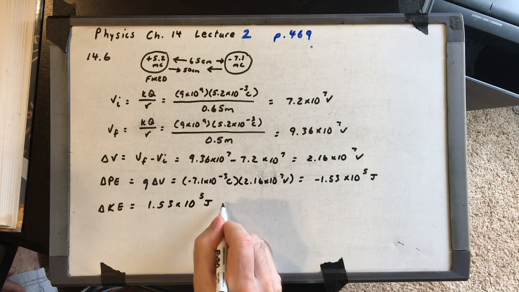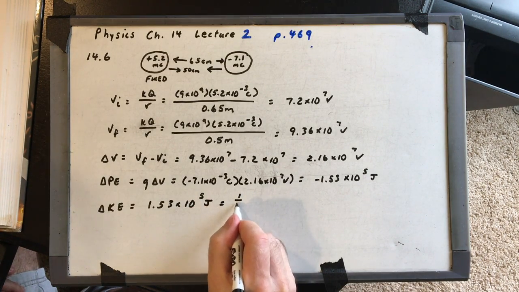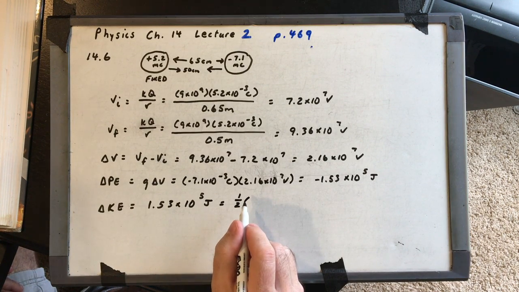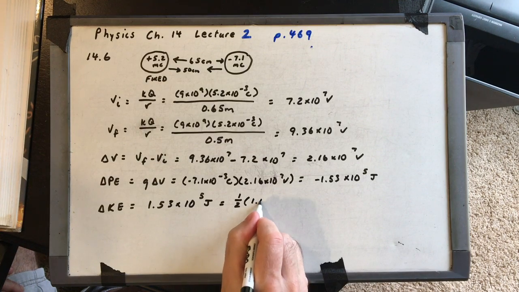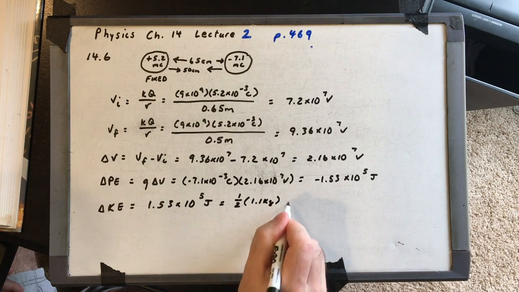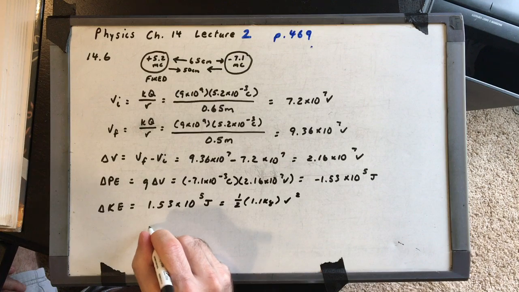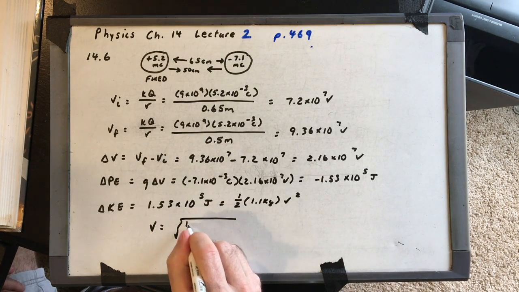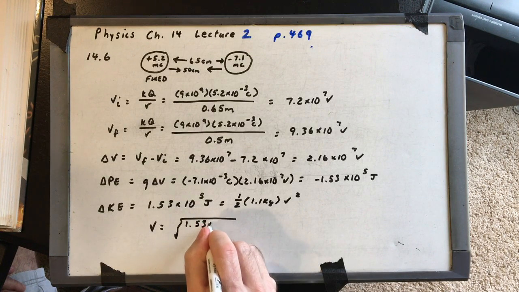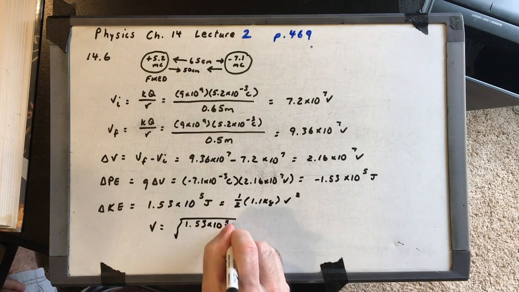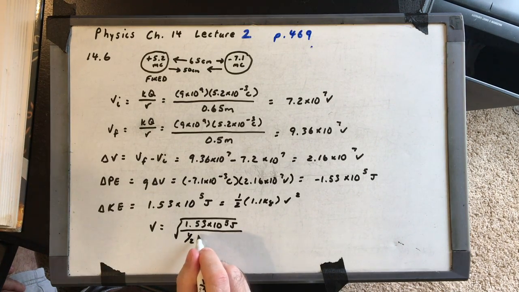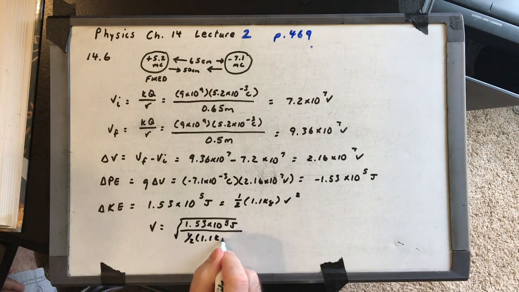We're going to set that equal to 1/2 mv squared. The mass is 1.1 kilograms. So velocity is the square root of 1.53 times 10 to the 5th joules over 1/2 times 1.1 kilograms.